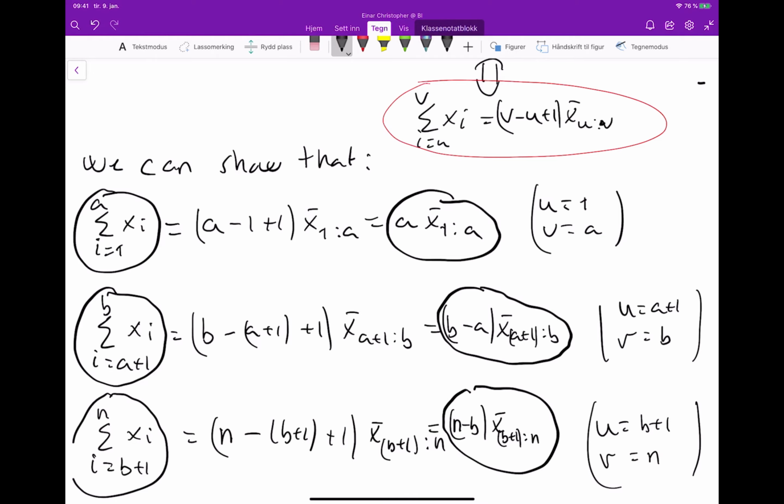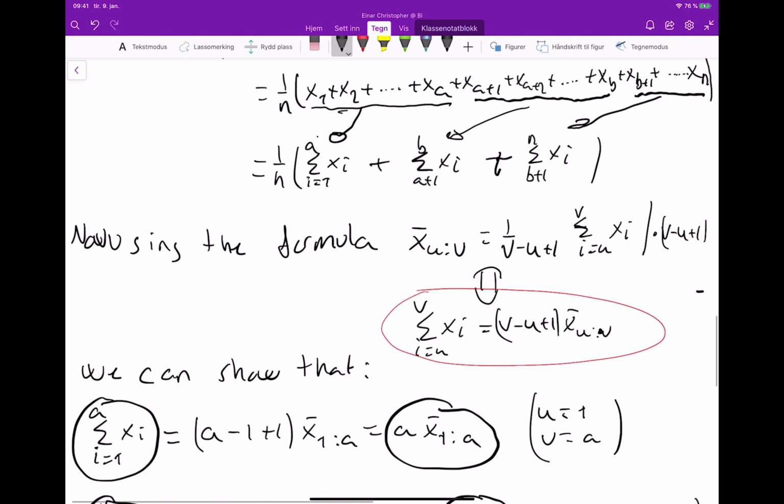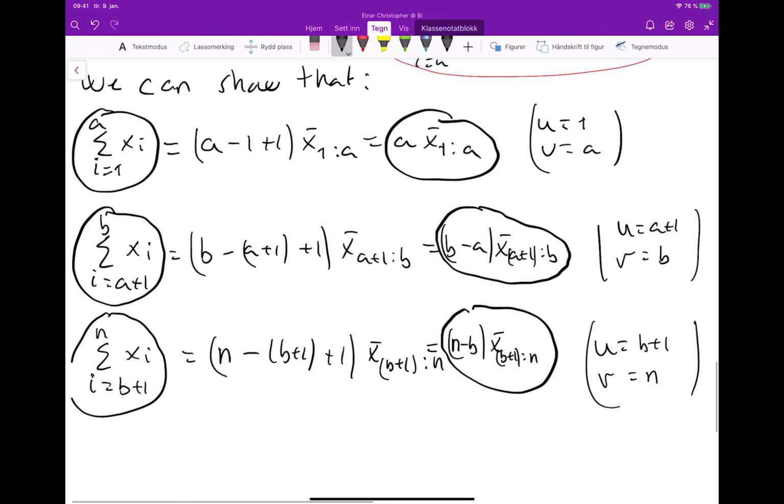And what I'm going to do now is just to put these expressions into this expression. And then we will get what we are asked to show. So let's do it.